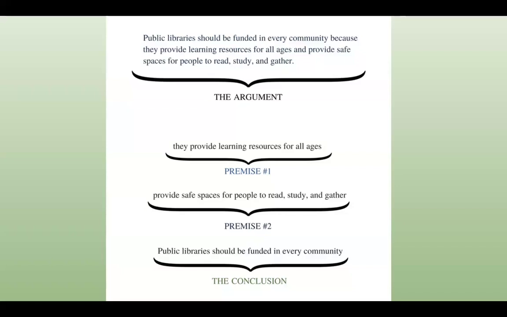Premise two is that libraries provide safe spaces for people to read, study, and gather. And the conclusion, or the main claim, is public libraries should be funded in every community. So is that structure clear? Does anyone have any questions about that so far? Okay.